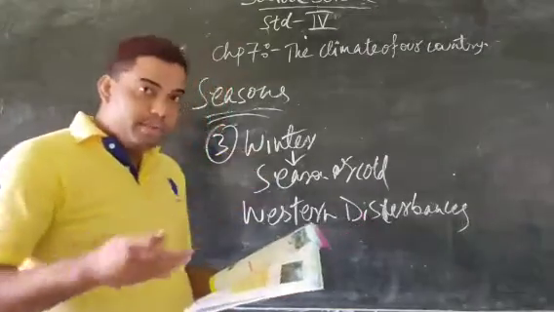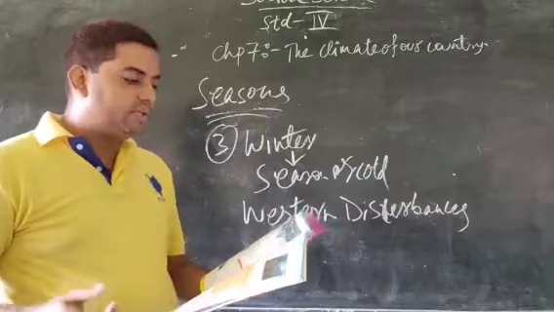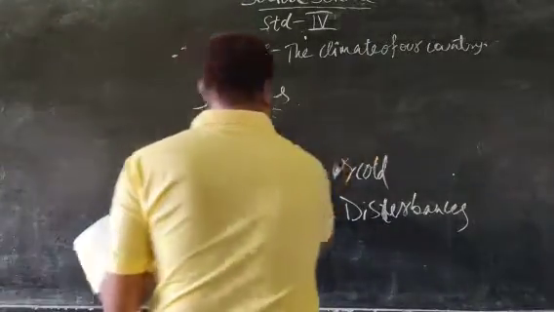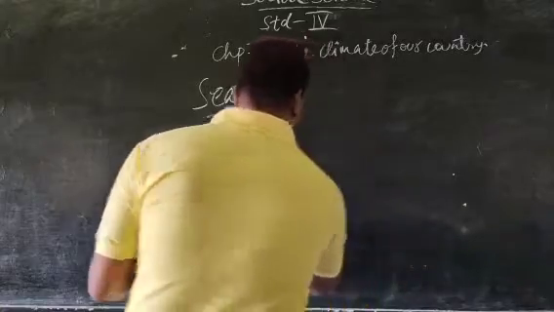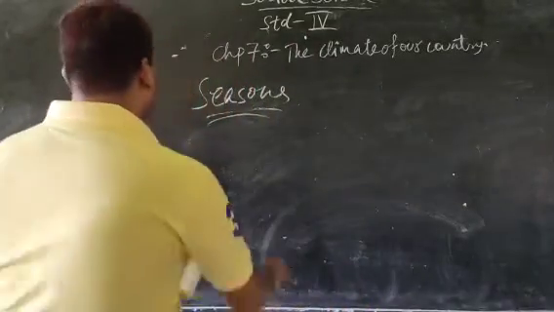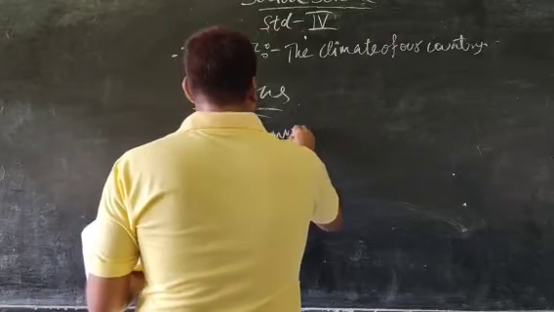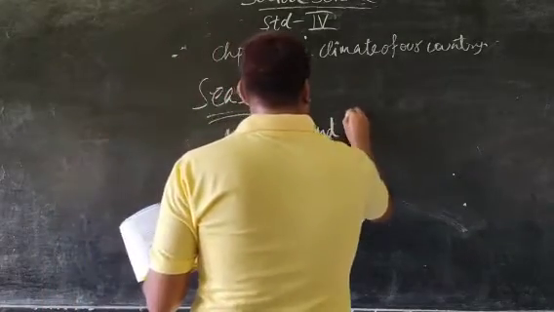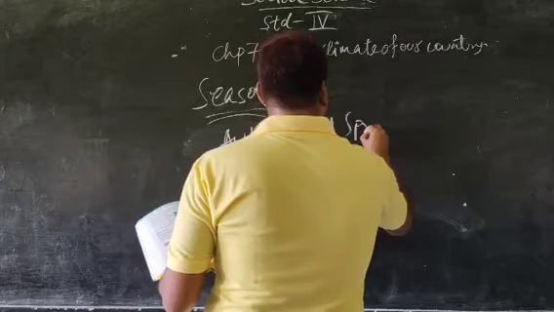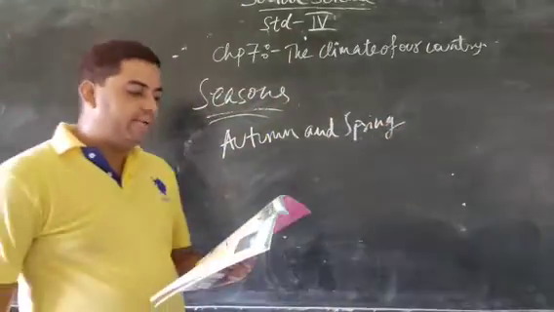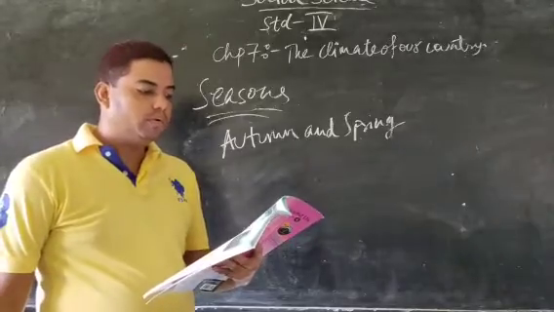Now apart from these three major seasons, we have more, that is autumn and spring season. Let's study them also. Autumn comes just after the rainy season, before the onset of winter season.